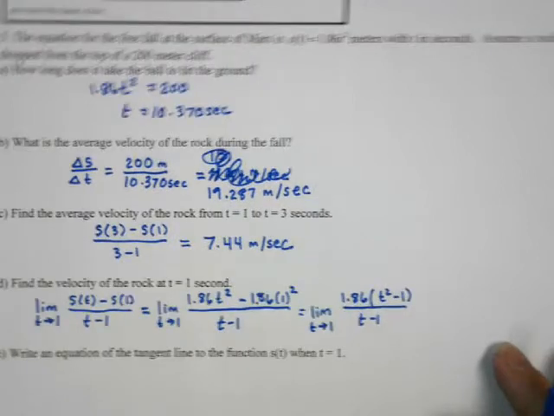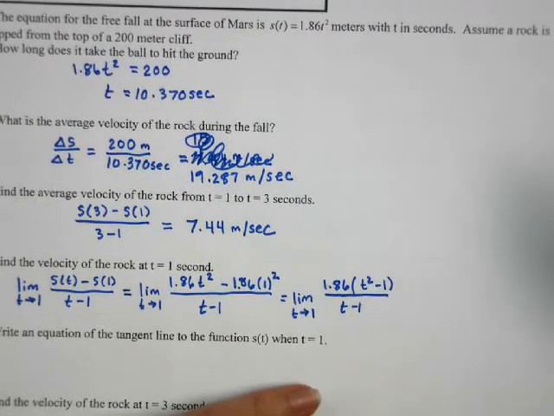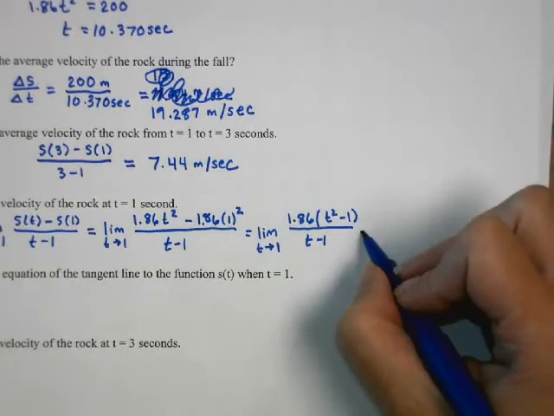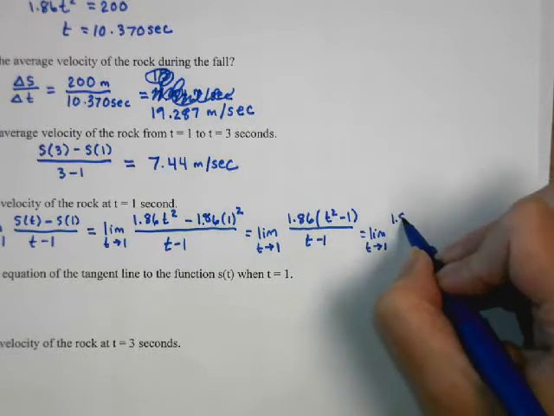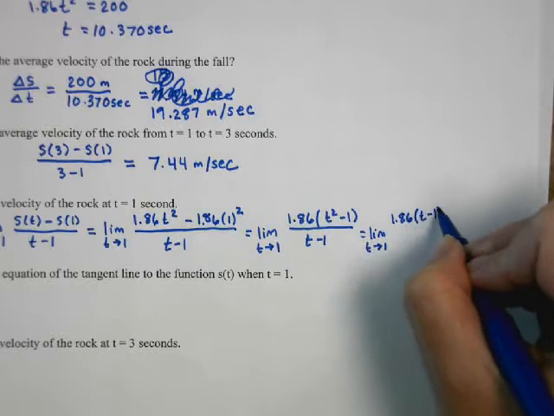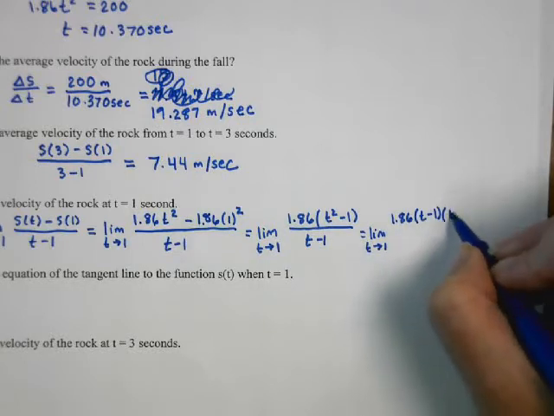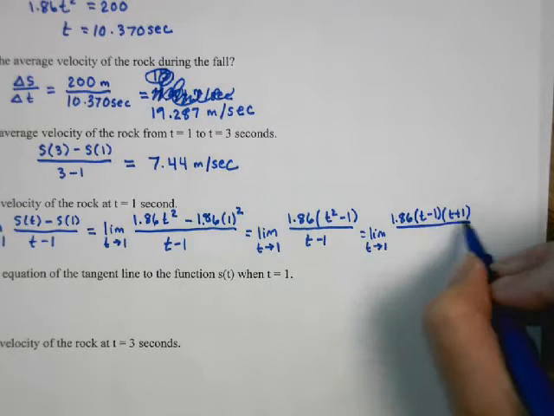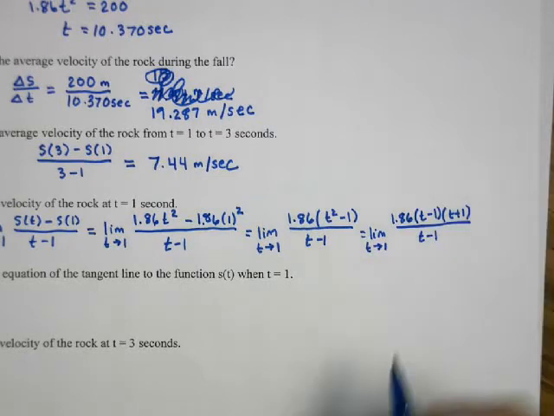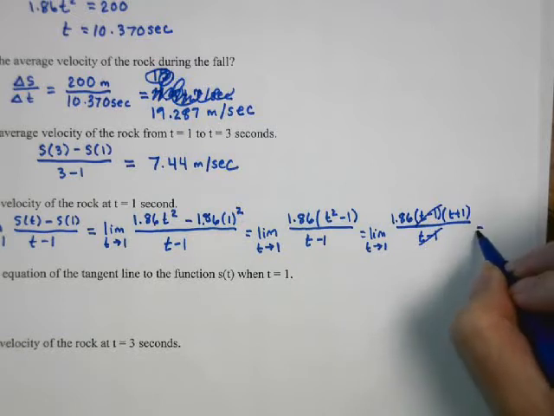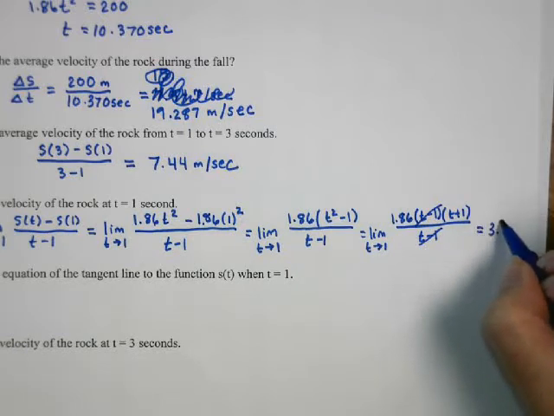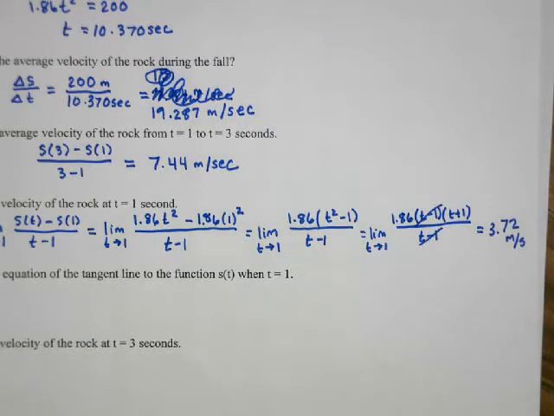Then I have the difference of two squares. So this is going to be the limit as t goes to 1 of 1.86 times (t minus 1)(t plus 1) over t minus 1. Okay, the t minus 1's cancel. We'll plug 1 into what is left, and you're going to get 3.72. This is going to be meters per second.